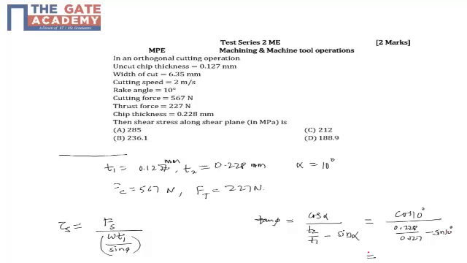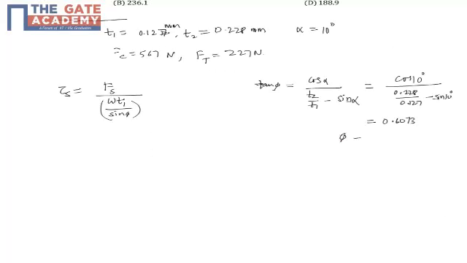In this way you can get tan phi. This ratio is 0.6073, and therefore the shear angle comes out to be 31.27 degrees. So in this expression we got the shear angle, and we know the width of the cut as well as the thickness before the cut.